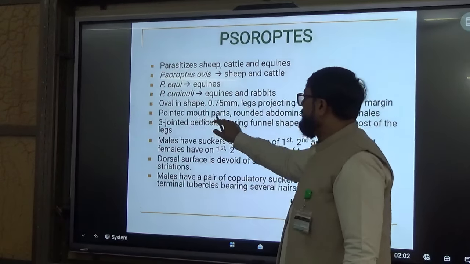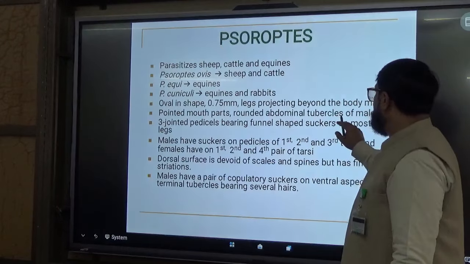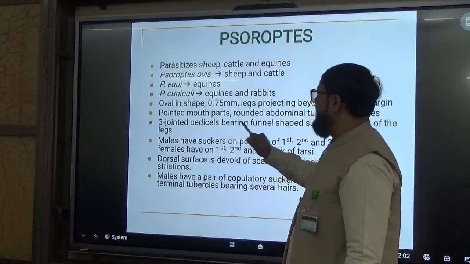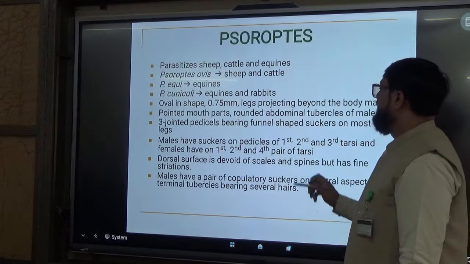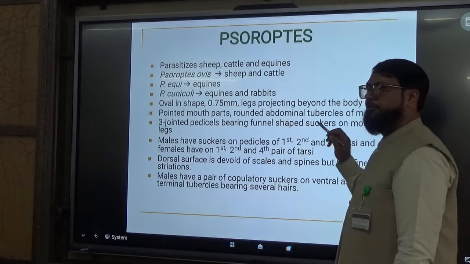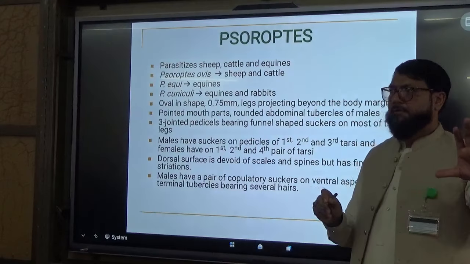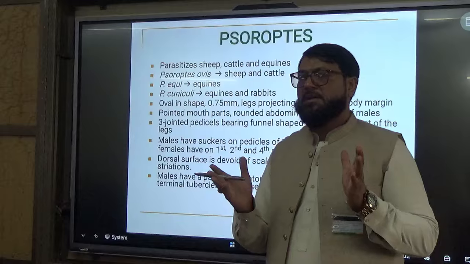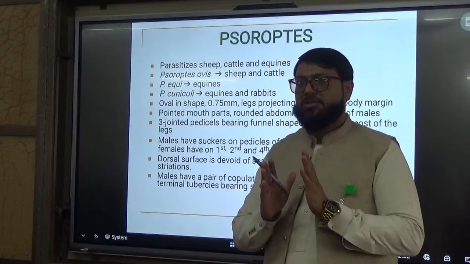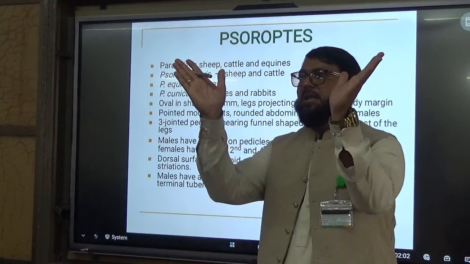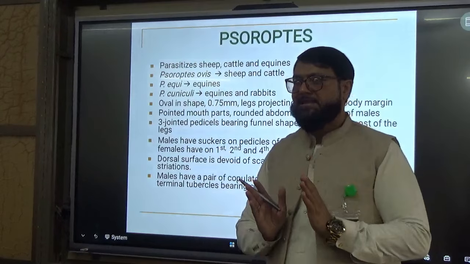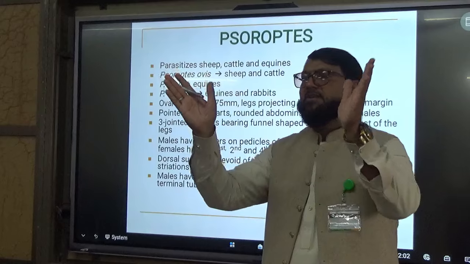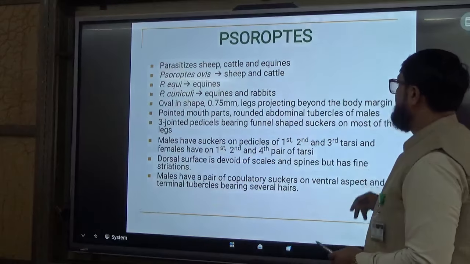They have pointed mouth parts, rounded abdominal tubercles, and there are 3-jointed pedicels bearing funnel-shaped suckers. Now funnel-shaped is a little elongated. A funnel is different from a bell. A funnel has a straight line and then suddenly opens up, while a bell makes an angle which is not rigid, it is smooth. We'll see in the next slide.